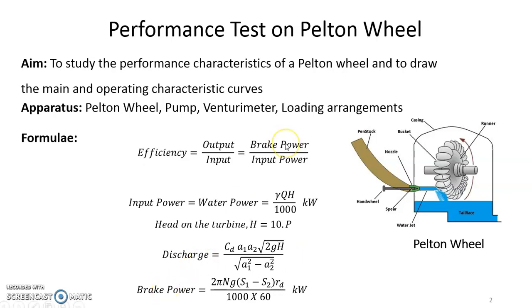And finally, the output, which is brake power, is calculated by using 2 pi NG into S1 minus S2 into RD divided by 1000 into 60, where N is the speed, S1 and S2 are the loads, which are in kgs, and RD is the radius of brake drum.